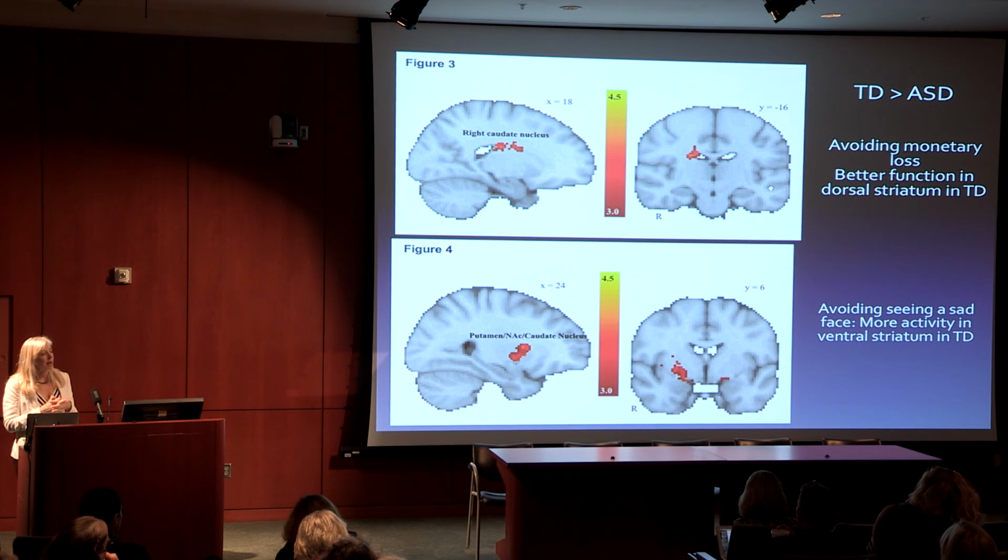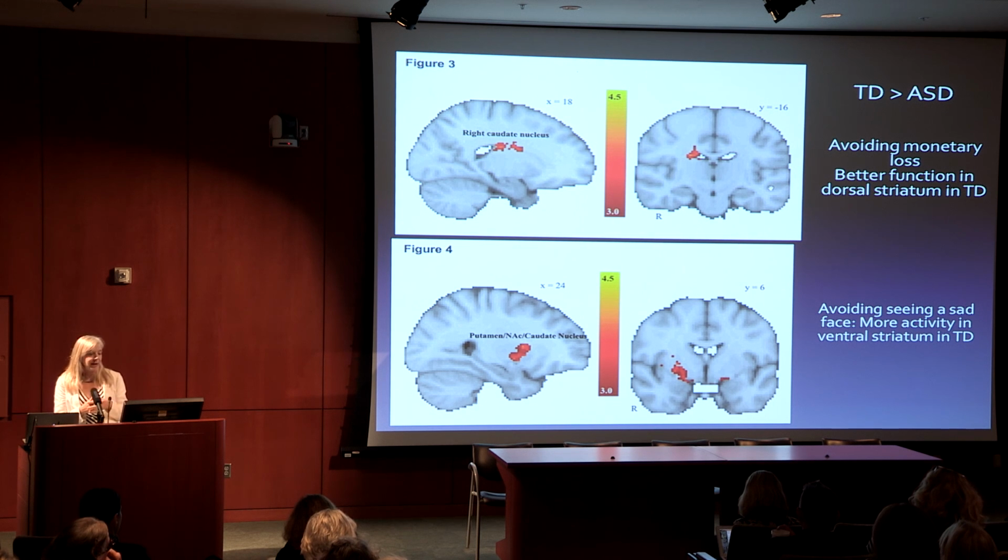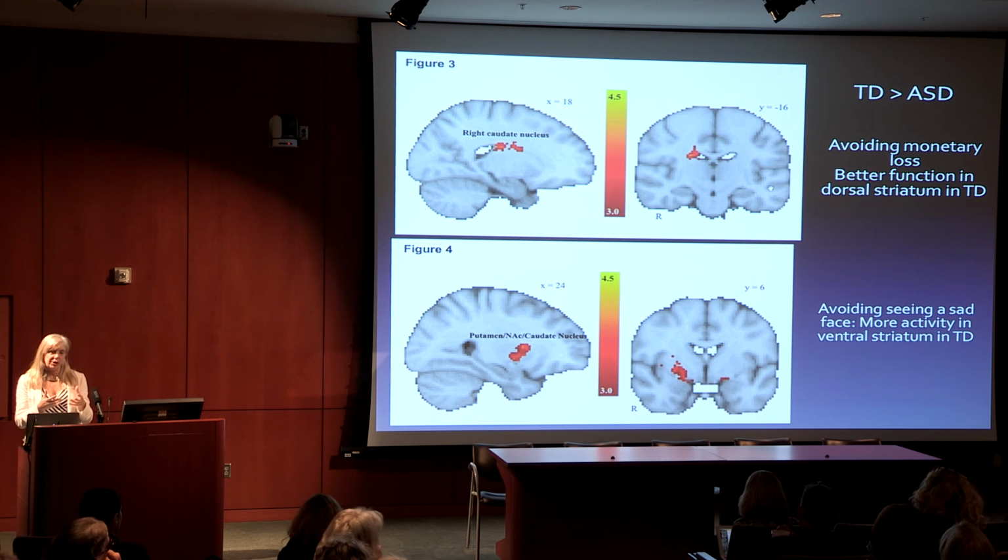Nevertheless, they saw very important differences again in both the dorsal striatum and the ventral striatum, and it dissociated whether it's a monetary or a social outcome. The typically developing children had more activity in the caudate, in that same part of the basal ganglia, when they were successfully avoiding this monetary loss compared to kids with ASD.